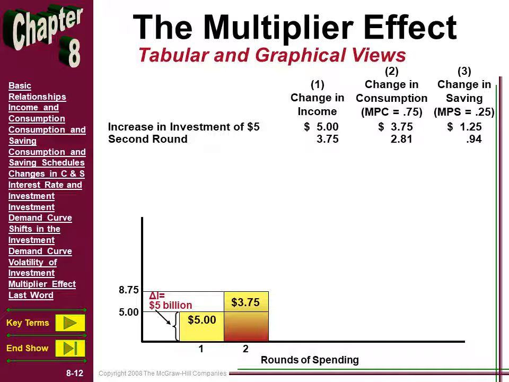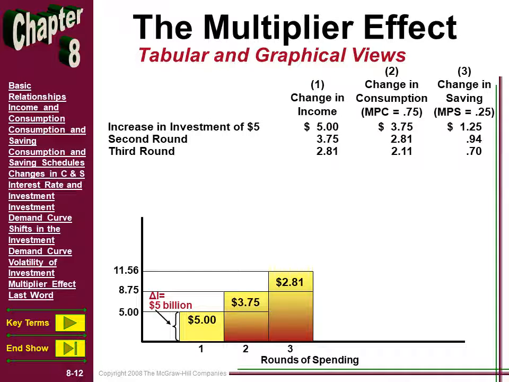So GDP first increased by $5 billion, and then the second round of spending increased economic activity by another $3.75 billion. And then, of course, the third round, let's assume that another company spent 75% of the 3.75, and now you can see that the initial change in investment spending to refurbish the factory has ultimately created a larger impact on economic activity.